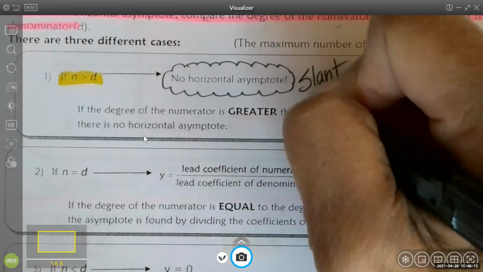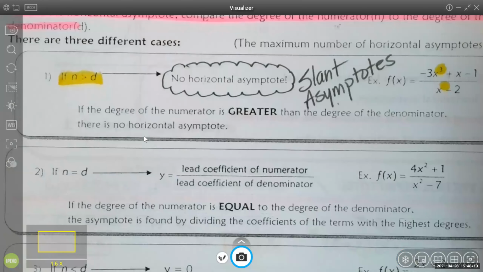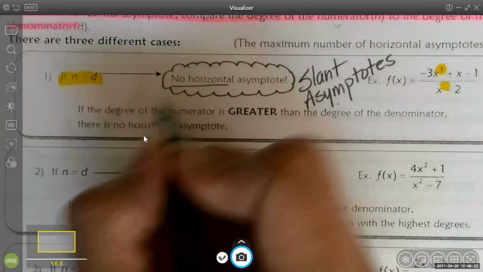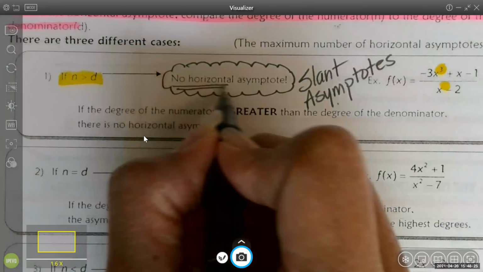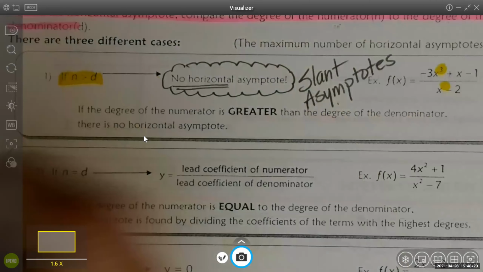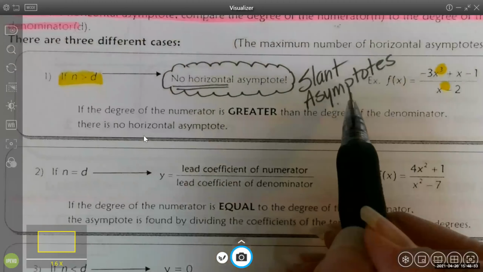Okay, I will not require you this year on finding slant asymptotes. So all I will need you to do is tell me that there's none, okay? But for matter of information, I want you guys to know that if your numerator degree is higher than your denominator degree, what you have is called a slant asymptote, okay?